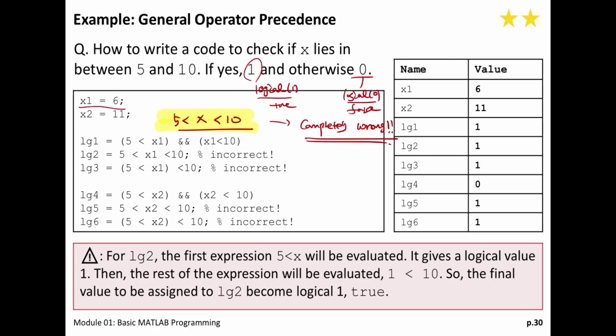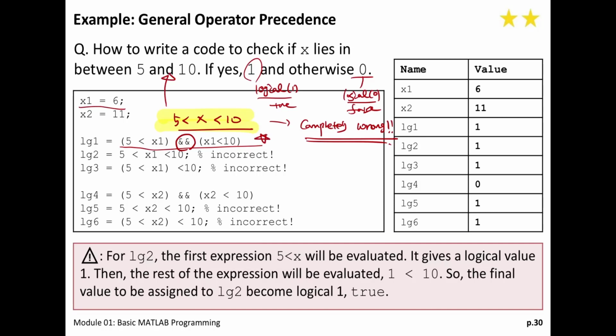x1 is 6. Let's evaluate whether x1 lies between 5 and 10. Okay? This is the correct approach. x1 is larger than 5 and x1 is less than 10. Okay? That is this one, right?